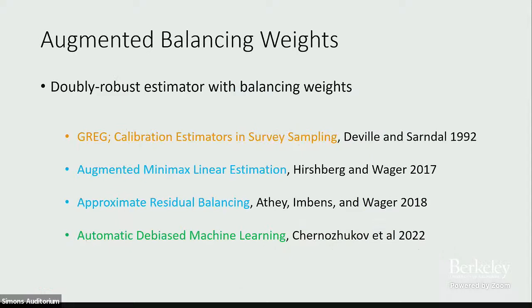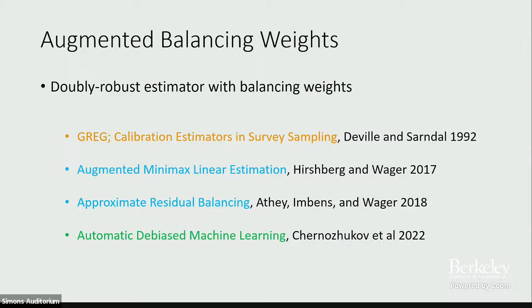Okay. Fortunately, we have this numerical equivalence to this estimator that people have studied to death. This estimator has actually been rediscovered many, many times. The survey sampling literature calls it GREG, and it comes from at least 1992. In causal inference, it's been called augmented minimax linear estimation, because that density ratio problem can be written in a minimax form.